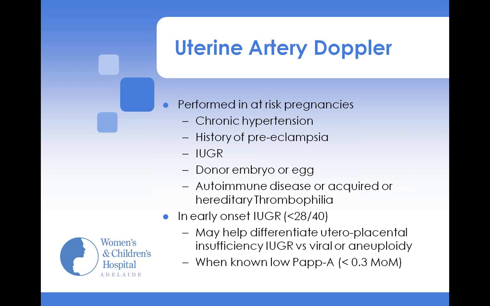And we also can perform uterine artery Dopplers in early onset IUGR, early onset defined as less than 28 weeks, and it can help us to differentiate between uteroplacental insufficiency IUGR or a viral or aneuploidy type issues. And also you can perform uterine artery Dopplers when the PAPP-A is known to be low.